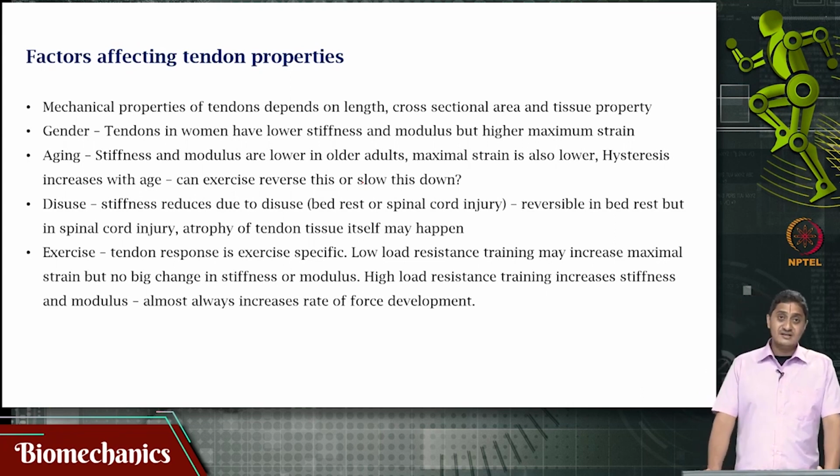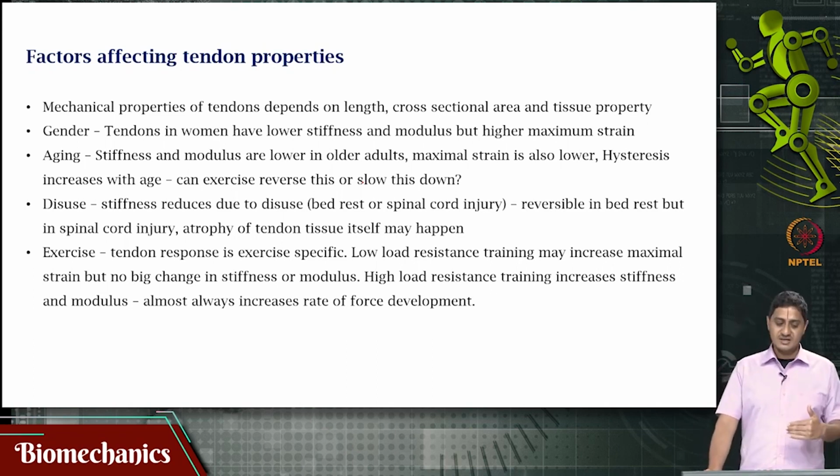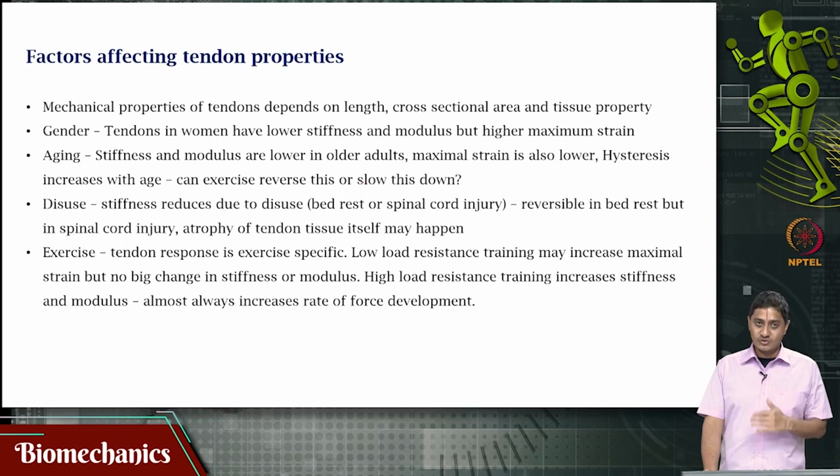The answer is yes. It turns out that people who exercise regularly show a lower amount of reduction with age. Even in older adults who do exercise, stiffness and modulus are lower when compared with younger adults, but they are not as low as that found in the group that does not exercise. What is the message?